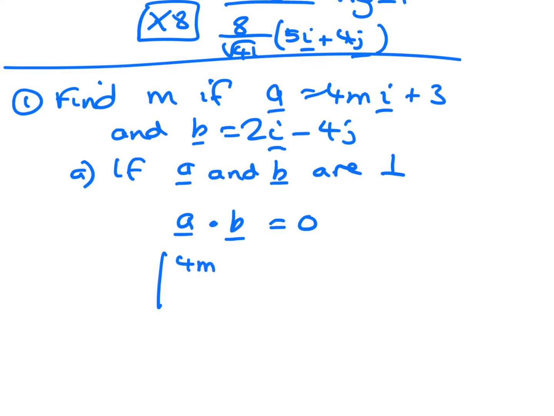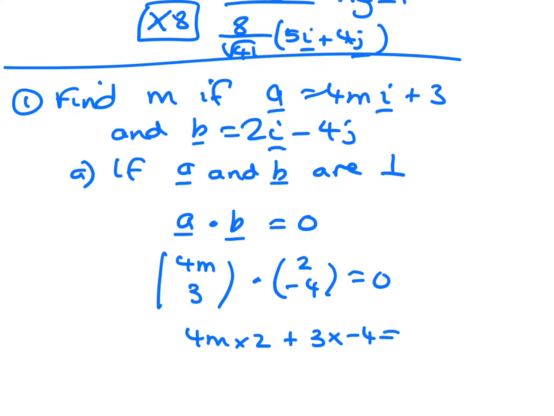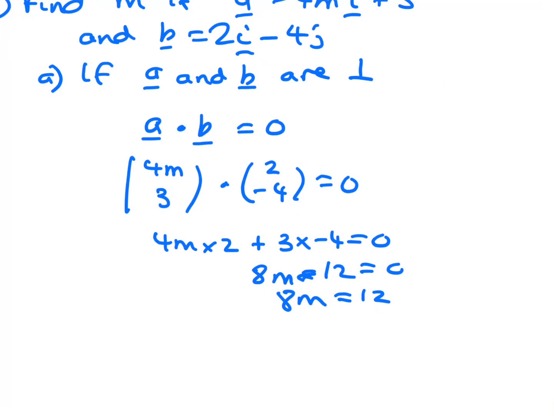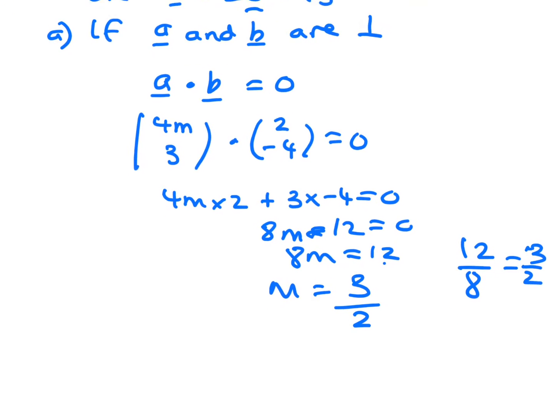So that's (4m, 3) dot (2, minus 4) has to be 0. So it's 4m times 2 plus 3 times minus 4 is 0. 8m minus 12 equals 0, 8m equals 12, m equals 12 over 8, which is 3 on 2.